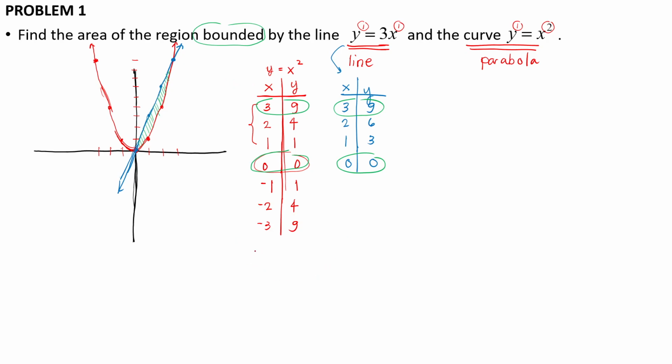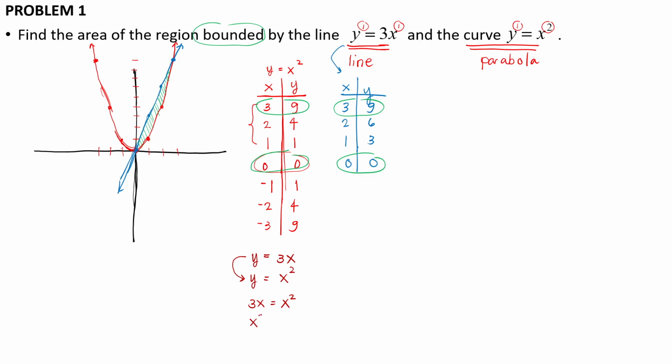Another effective technique is for you to get the intersection by equating the two equations. So we have y equals 3x and y equals x squared. Incorporating the first equation in the second, you now have 3x equals x squared, right?